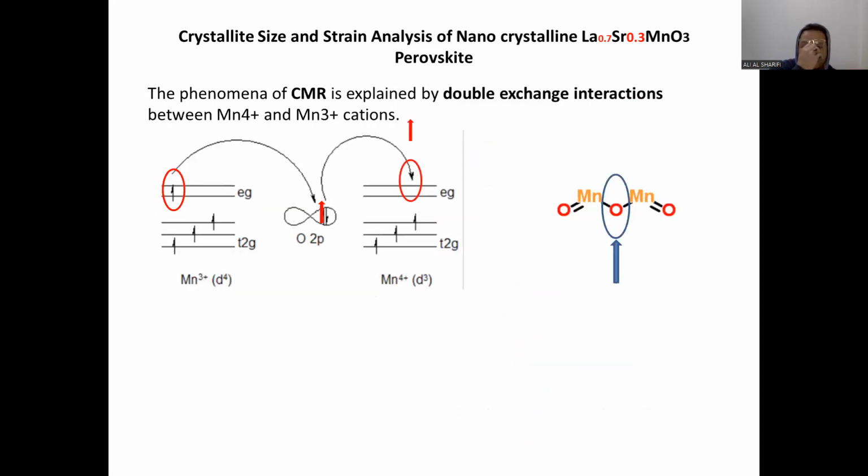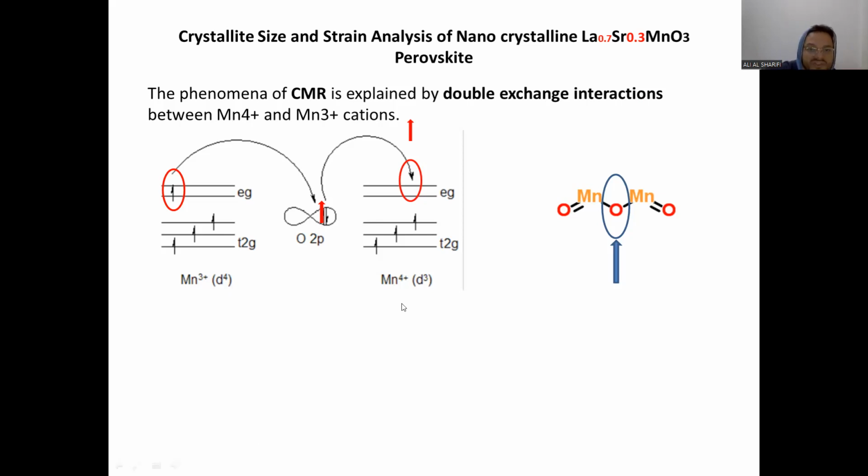Now we will do a simple review of double exchange. Why? Because the phenomenon of colossal magnetic resistance is explained by the double exchange interaction. By using the double exchange interaction theory, we can explain the colossal magnetic resistance in the ferromagnetic area between these two different charges of manganese, 3 plus and 4 plus.